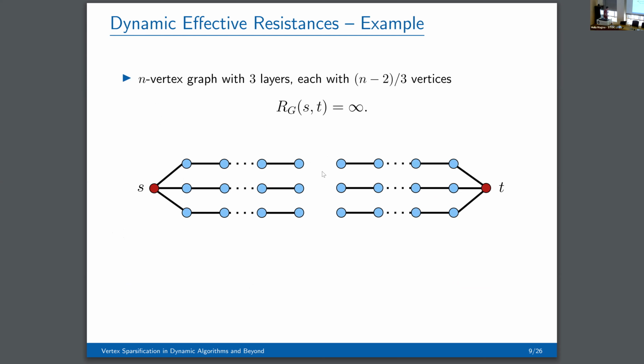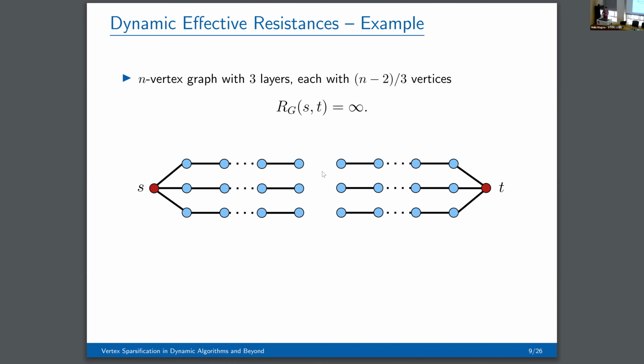Okay, so let me try to convince you that actually lazy strategies don't work for this problem. There are a couple of other graph properties that exhibit similar behavior. And the reason is as follows. It seems that this effective resistance metric is very sensitive to small changes of the network. Okay, and why is this the case? Well, if you look at this example, I have this graph.